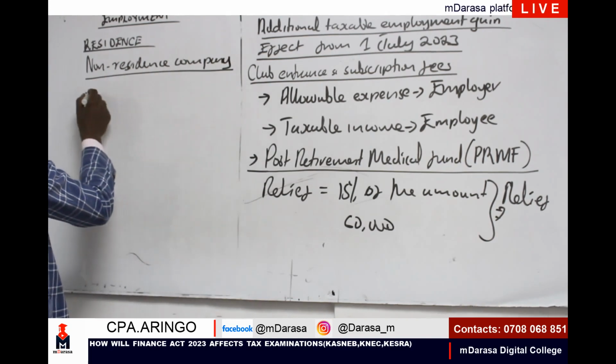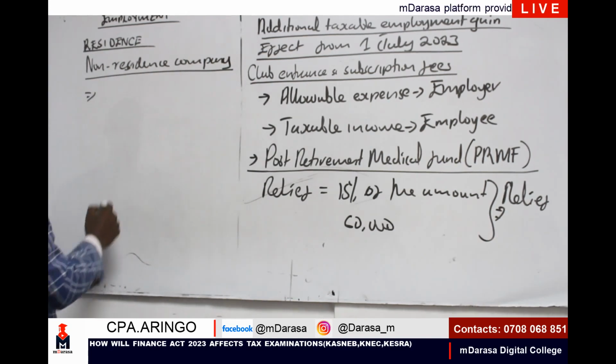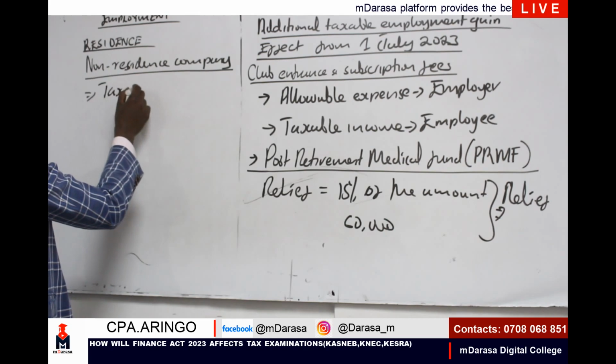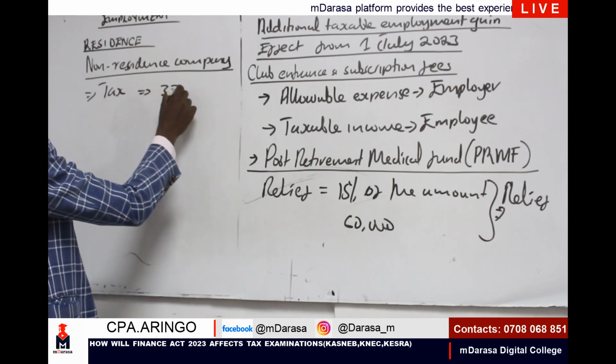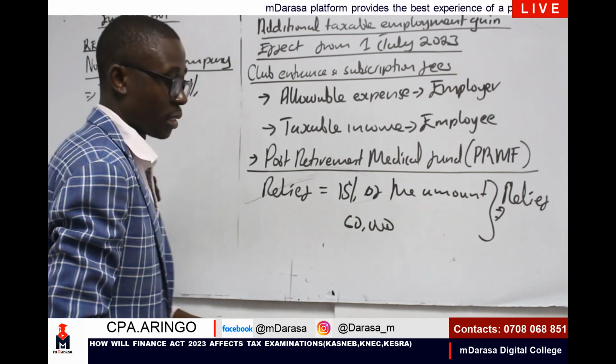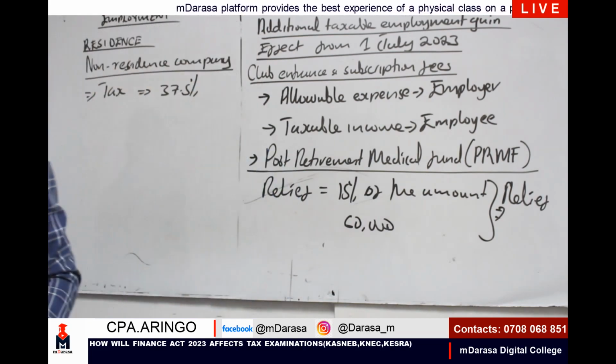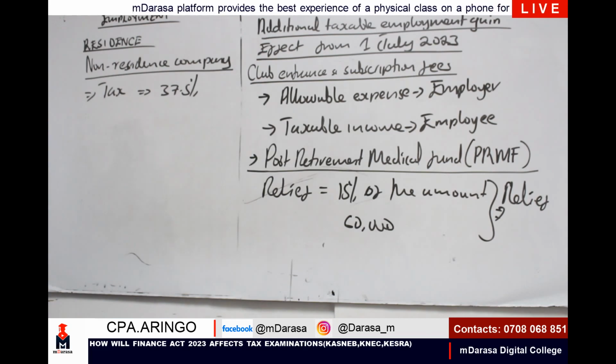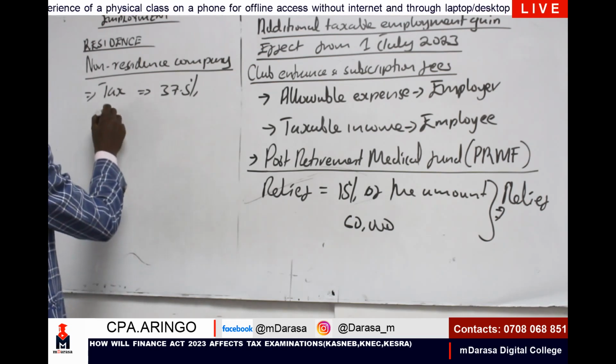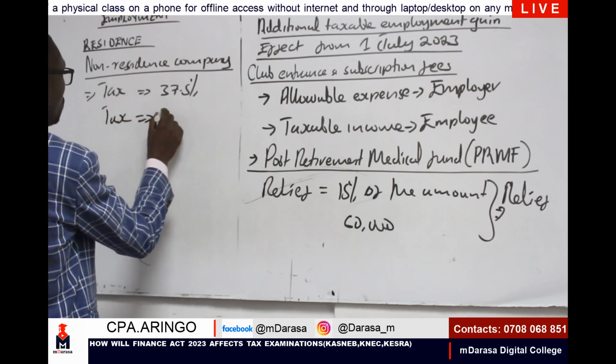What used to be there in terms of taxation, non-resident companies were taxed at 37.5%. That is what used to be there up to the time that the Finance Act came into play. Currently, you will realize that we are not taxing them at 37.5%, but rather it has been reduced to 30%.